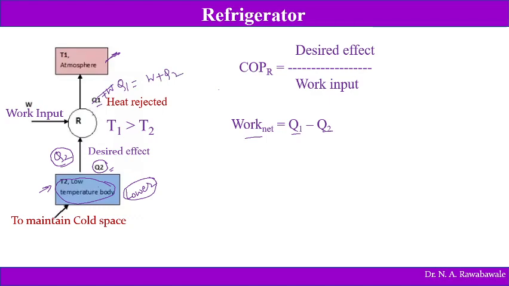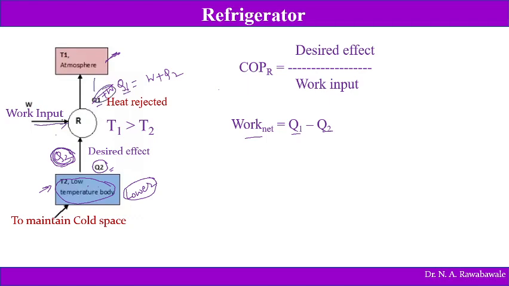So the amount of energy which is rejected to the atmosphere is the addition of heat energy absorbed by this machine from a body at lower temperature and energy supplied in the form of work. So these two energies add together and form the amount of heat energy which is rejected, that is Q1.